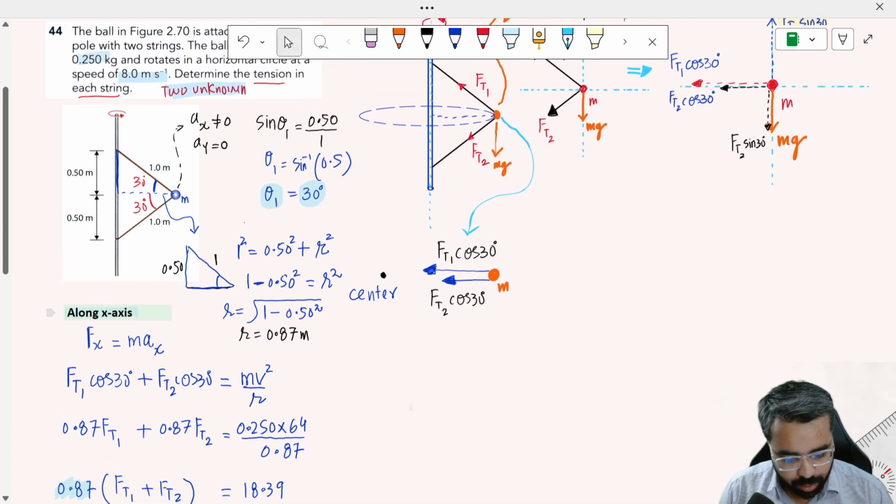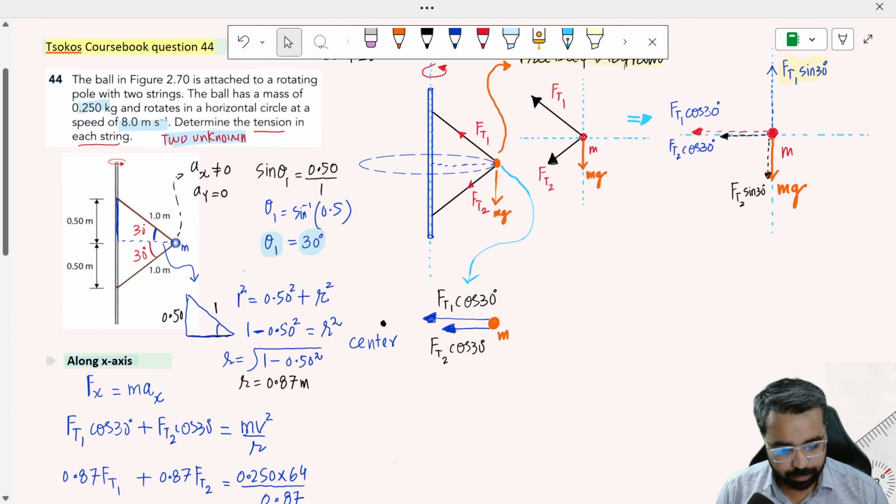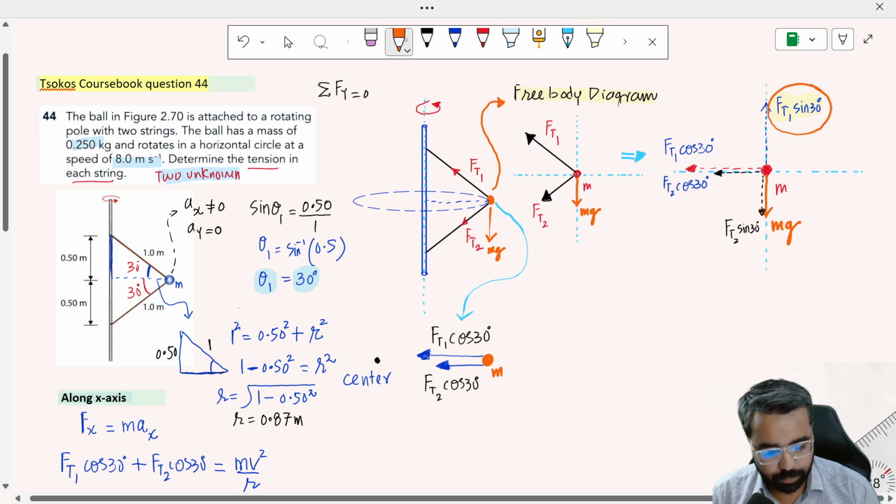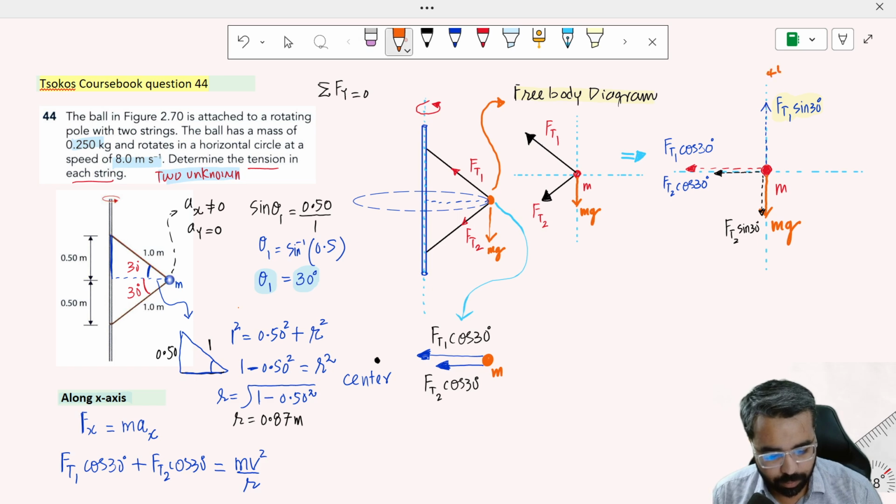Now it's time to go back to the diagram in which we made components. You have seen that this is the only component of the force that is directed along the positive y-axis, but there are two forces directed vertically downward. One is a component of force and the other is the weight, and together these are balanced with the upward force.